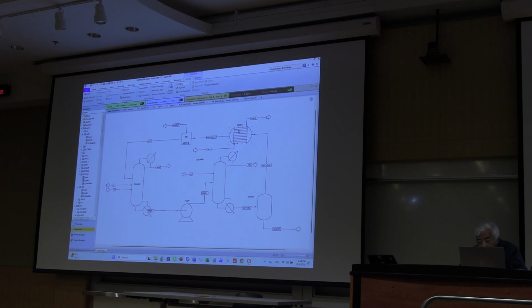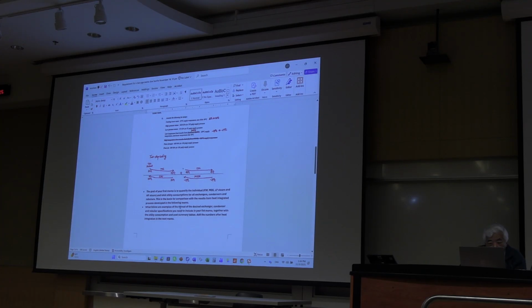Now the trouble with TOL is, you look at today's handout, you need two-step cooling. 110, cool it down to 45. Cooling water comes in at 35 to 45. There's a 10 degrees C delta T minimum on this side.